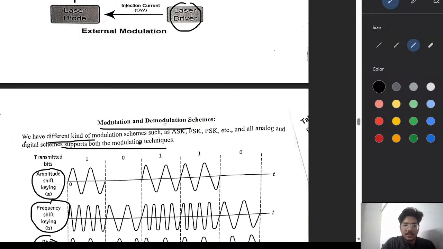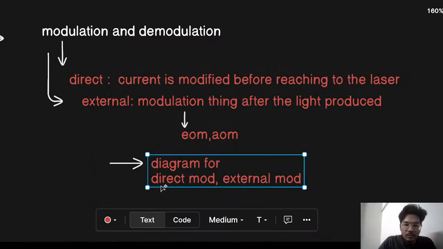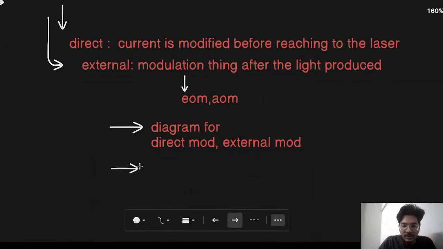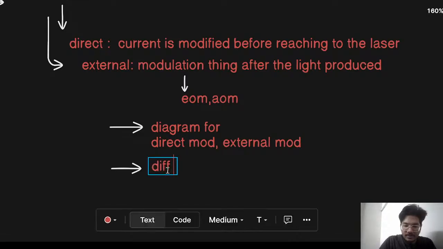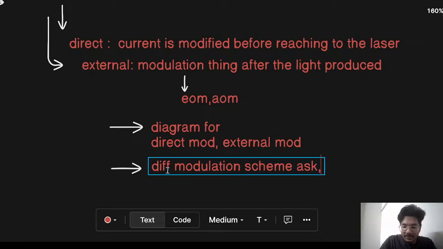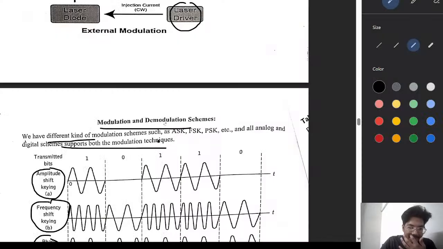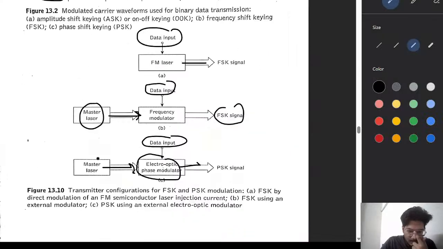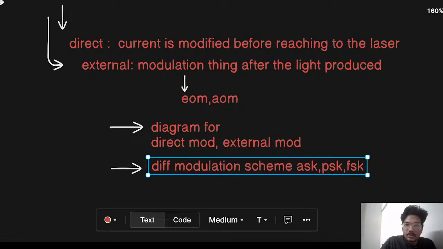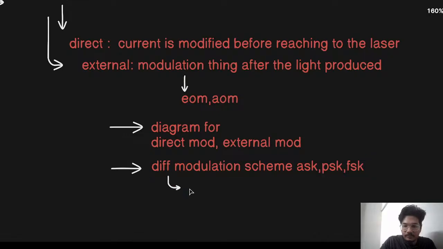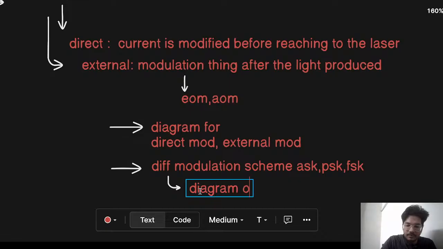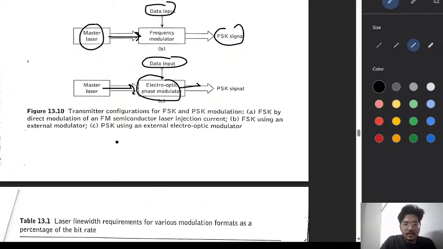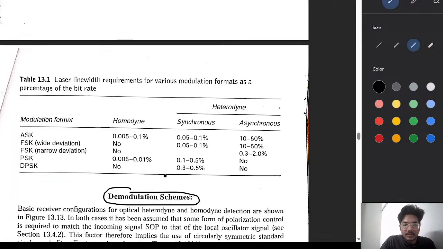After that, the different modulation schemes, in which we see ASK, PSK, FSK. How these happen, and their diagrams.